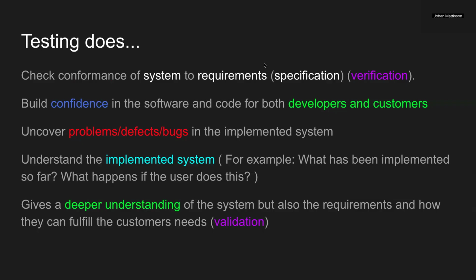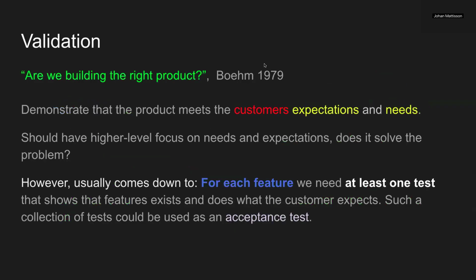So we'll get to validation. From the specifications that we have, we need to validate: are we building the right product? We'll talk about verification in just a little bit, because they are two different things. Validation is that we're building the right thing.